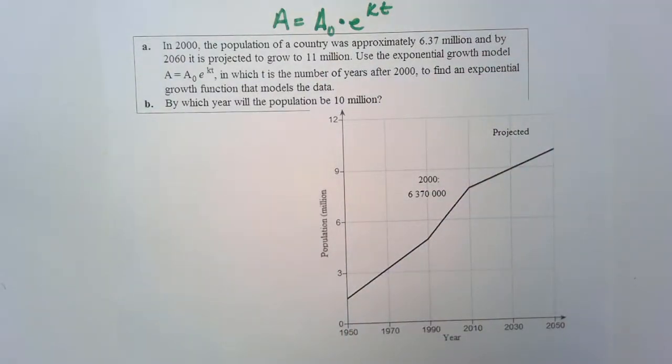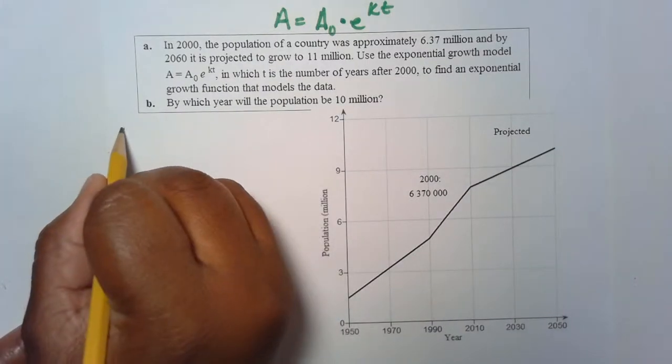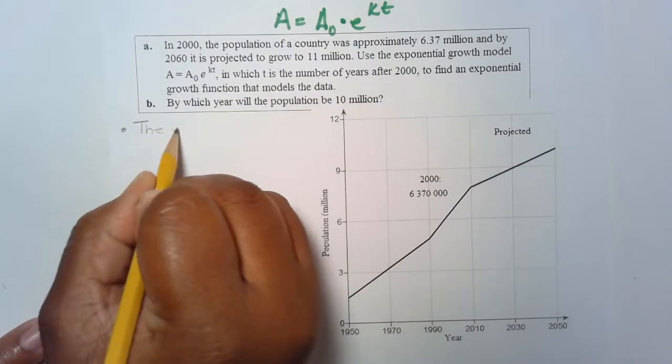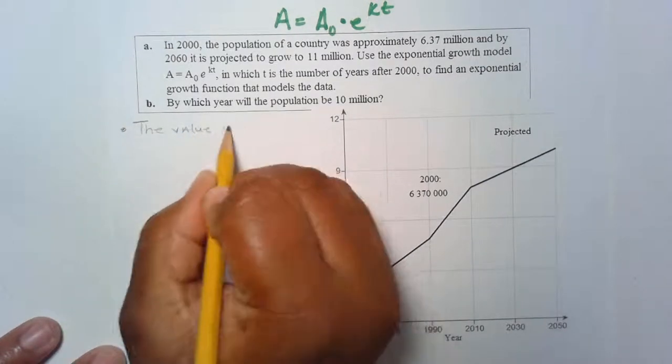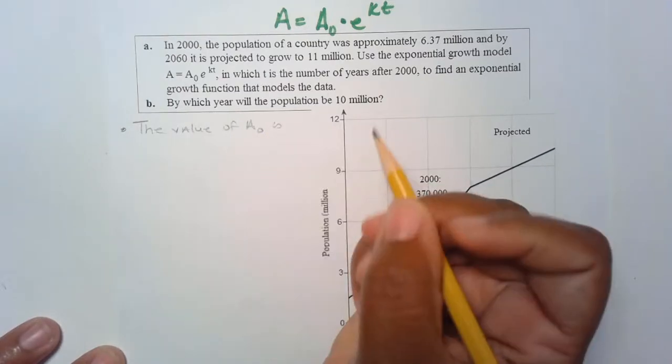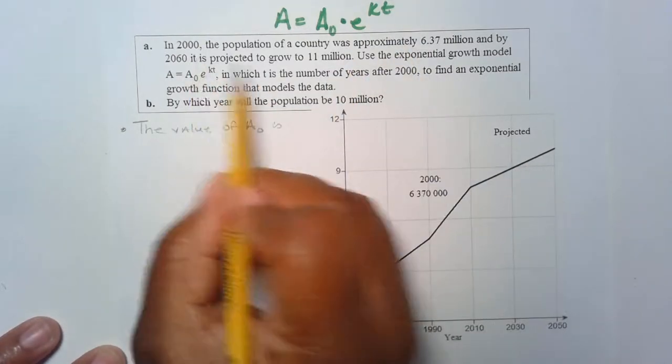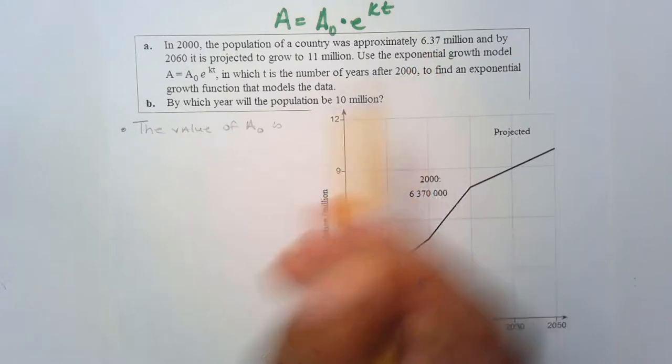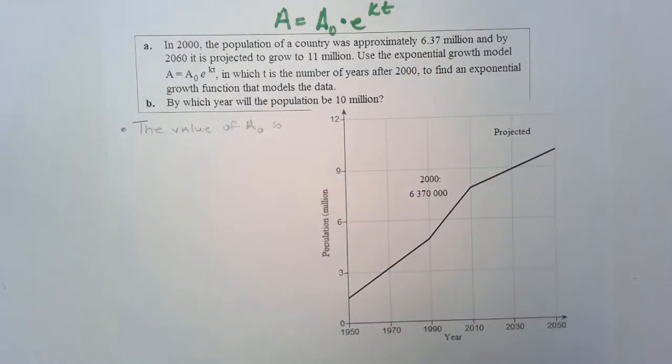So let's identify some information that is given here. It is noted that the value of a sub 0 will be our initial year, because remember that a sub 0 is the value at the start.